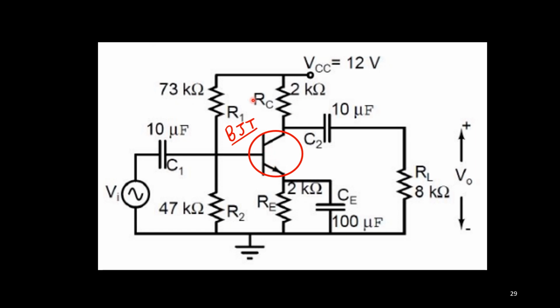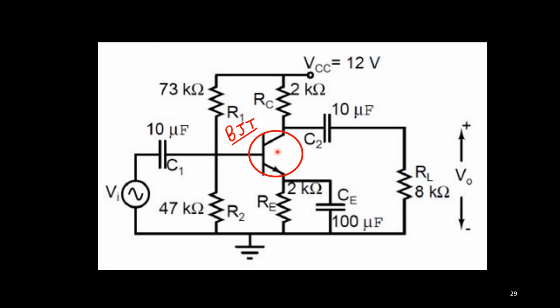Not only this, these four resistors R1, R2, RC, RE are used to make the system robust, so that it can work properly and amplify the signal. It should be in the active region.